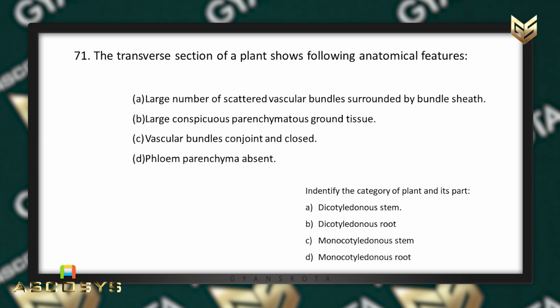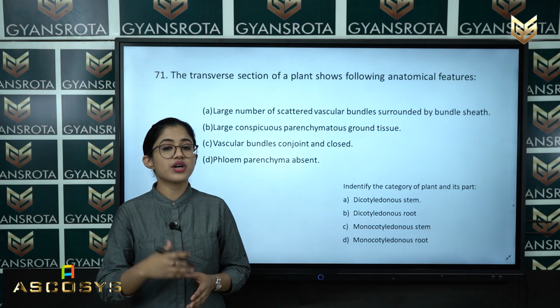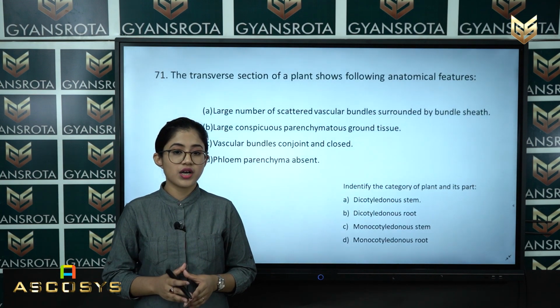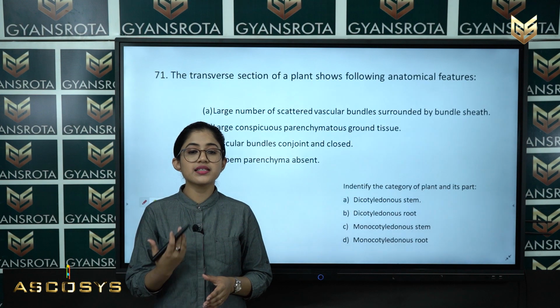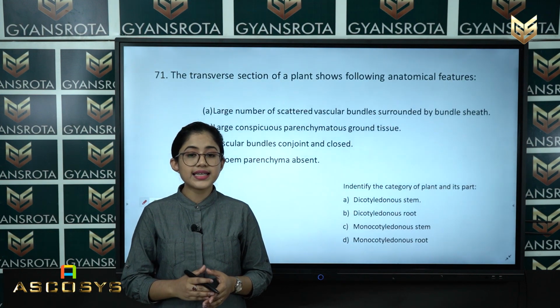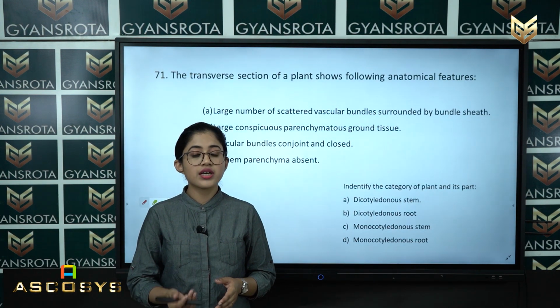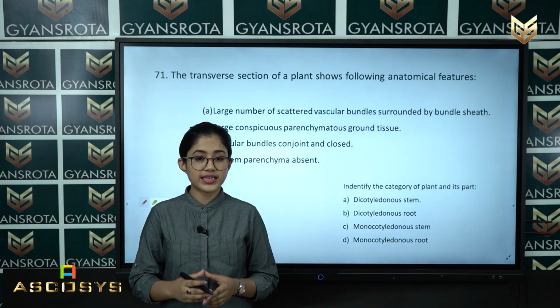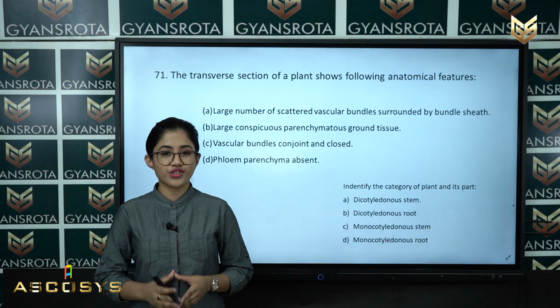Third is vascular bundles conjoined and closed, and the last is phloem parenchyma absent. Now, we have to identify the category of plant and its part. First one is dicotyledonous stem, second is dicotyledonous root, third is monocotyledonous stem, and the fourth one is monocotyledonous root.